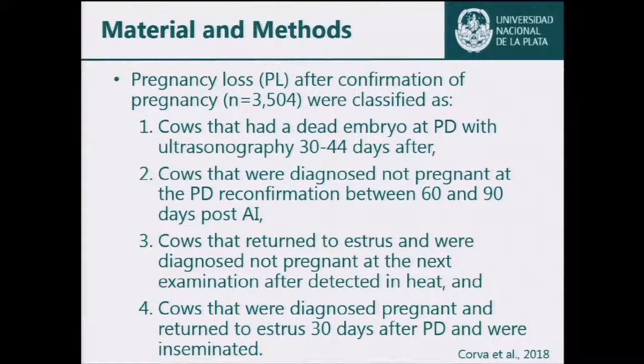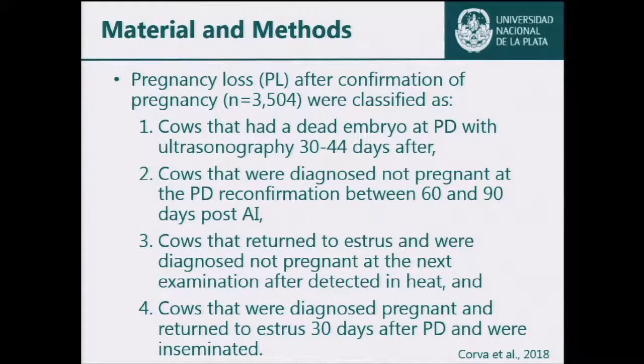Number 1 was when the cow had a dead embryo at pregnancy diagnosis, seen when the practitioner was doing the ultrasound. Number 2, when cows were diagnosed not pregnant at the pregnancy reconfirmation between 60 and 90 days post-insemination. So first the cow was diagnosed pregnant, then was open.